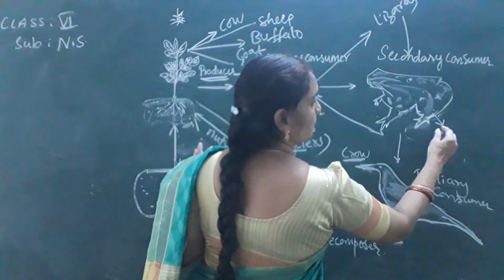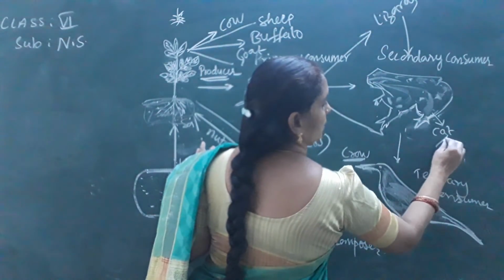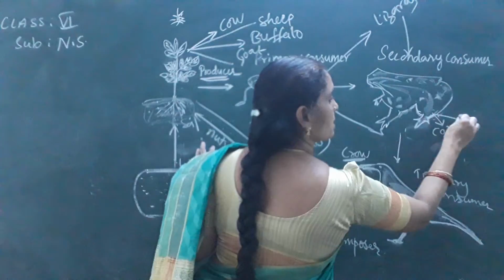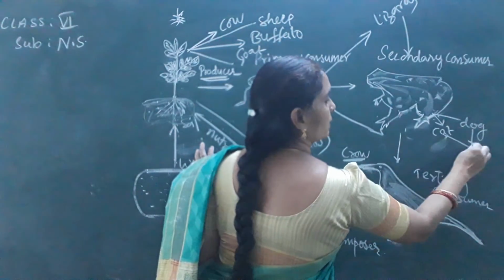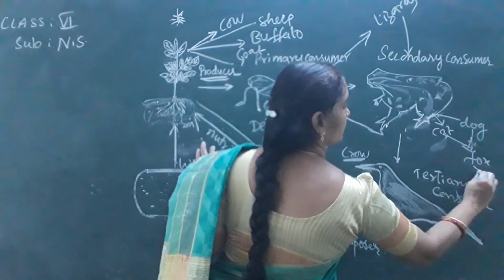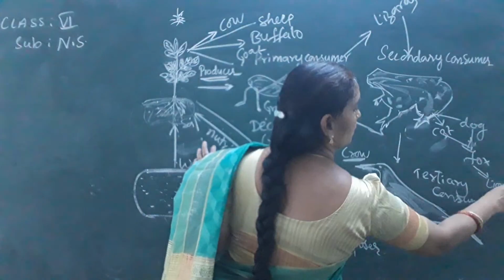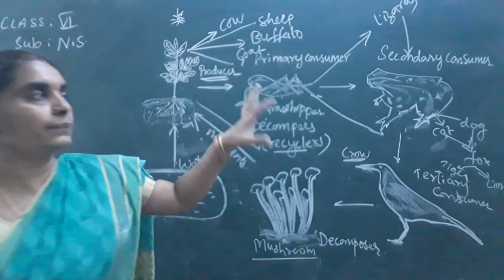Frog is eaten by cat, and again this is eaten by dog also. Here dog and cat are eaten by fox. Fox is eaten by lion or tiger. Isn't it? This is the food chain.